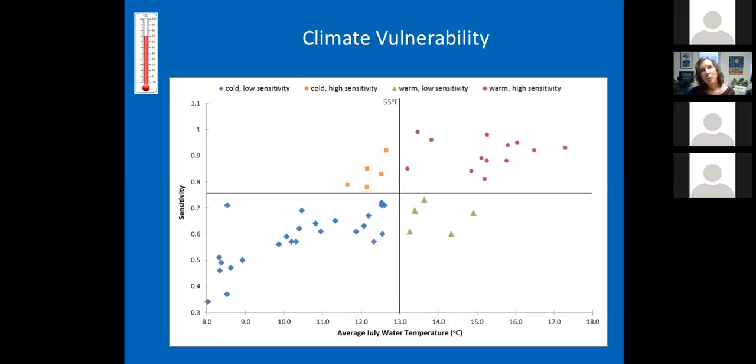And so those are the streams that, as a fisheries manager, I would really want to know where those are and to be thinking about them as that fishery is being managed, and realize that it has some more stress going on for those fish, and to manage that system accordingly. So the good news is that there is a lot of variability out there, and the other good thing is that we're beginning to understand which streams have the greatest potential to be good long-term cold water refugia for salmon. Okay, next slide.